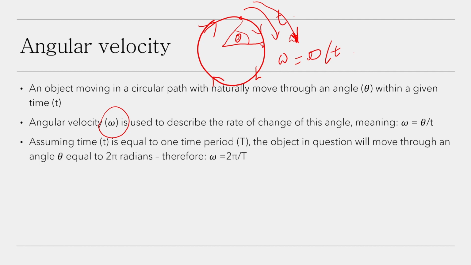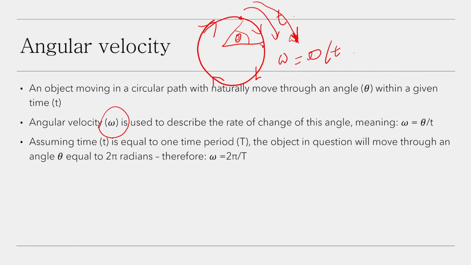If we assume that time is equal to one time period, then the object will move through an angle equal to 2 pi radians, because one time period is the time it takes to complete one full rotation.